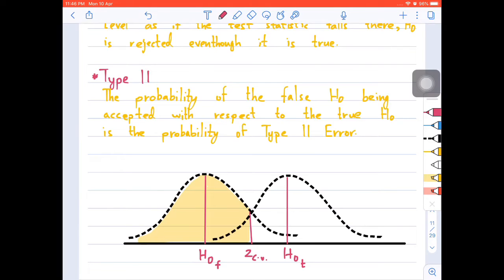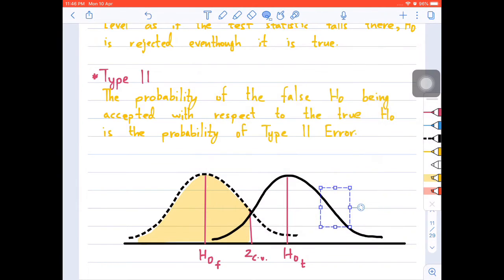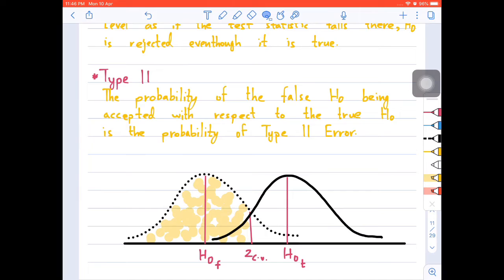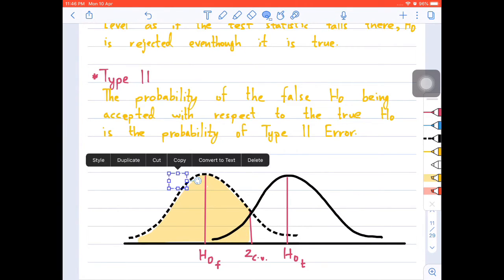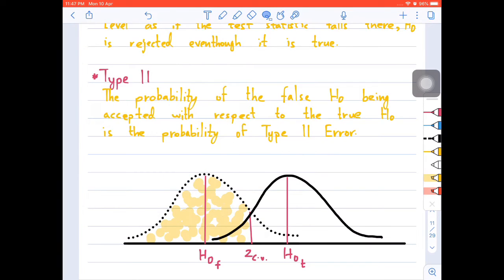So now what we'll do is, we'll forget this curve. So the graph we'll be focusing on is this graph now. This is the true graph, the true normal distribution curve.